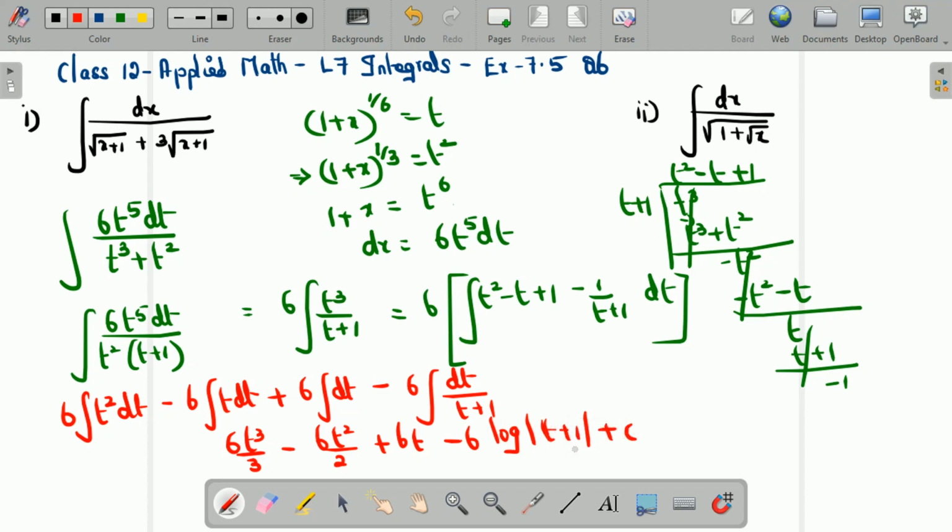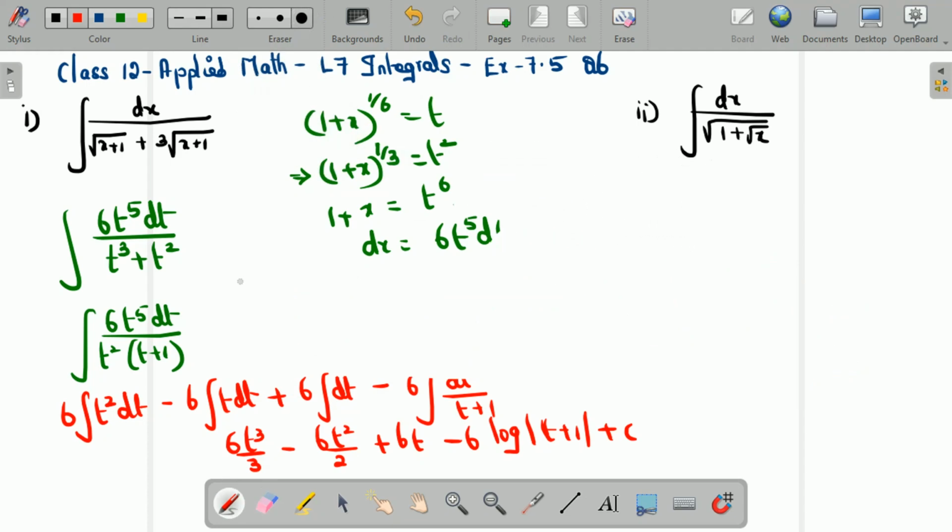Now we are going to put back the t's value. So wherever the t is there, we are going to put 1 plus x. Remember, t cube is going to become 1 plus x to the power half. So let's make this modification. This means it is 6 into, now the t cube can be modified as cube root of 1 plus x. So 6 divided by 3 is going to be equal to 2.